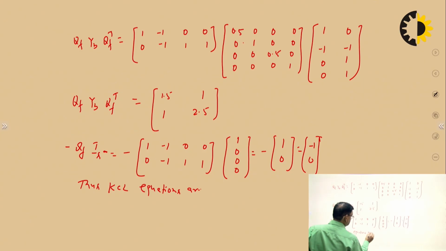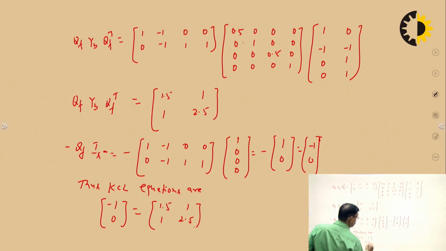So thus the KCL equations are: this minus 1 0 is equal to this 1.5 1 1 2.5 times VT1 and VT3.